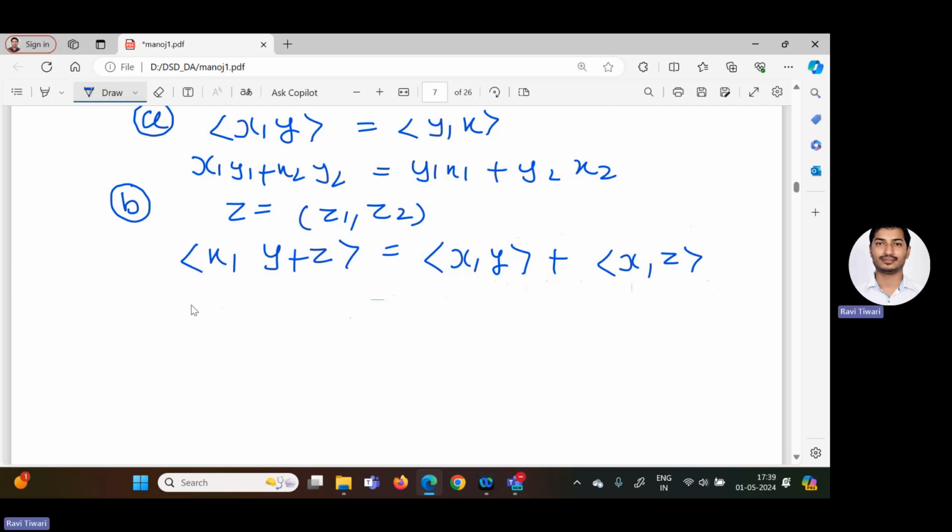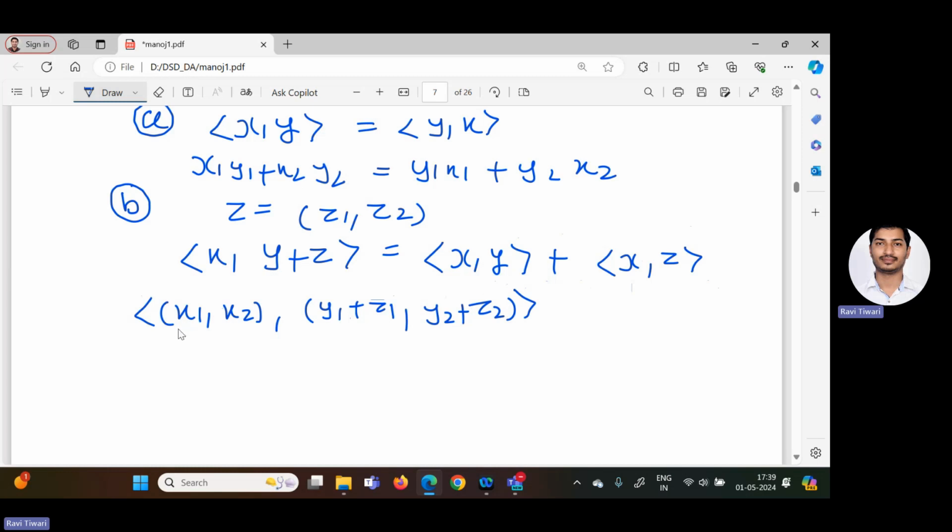So what will be this left hand side? Because for the X vector we have taken X1 comma X2, you can write X1 comma X2 with Y plus Z. Y plus Z will be, by component wise addition, in bracket Y1 plus Z1 comma Y2 plus Z2. How will you calculate the inner product of this?